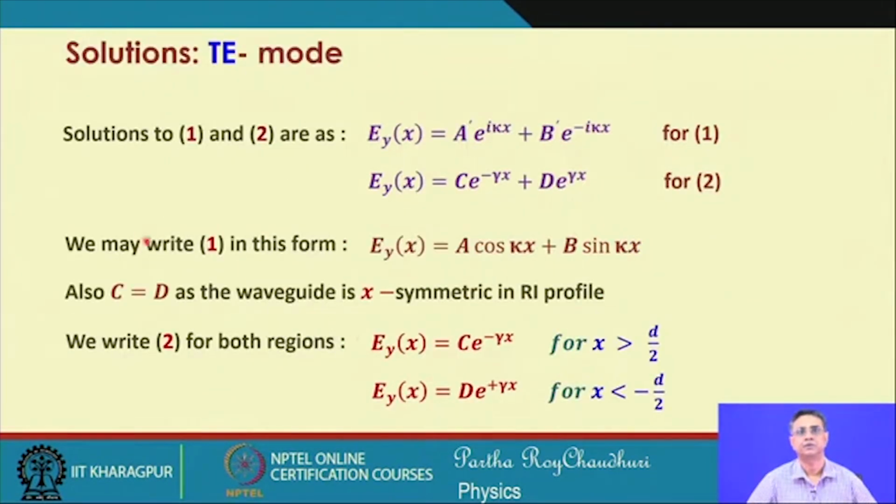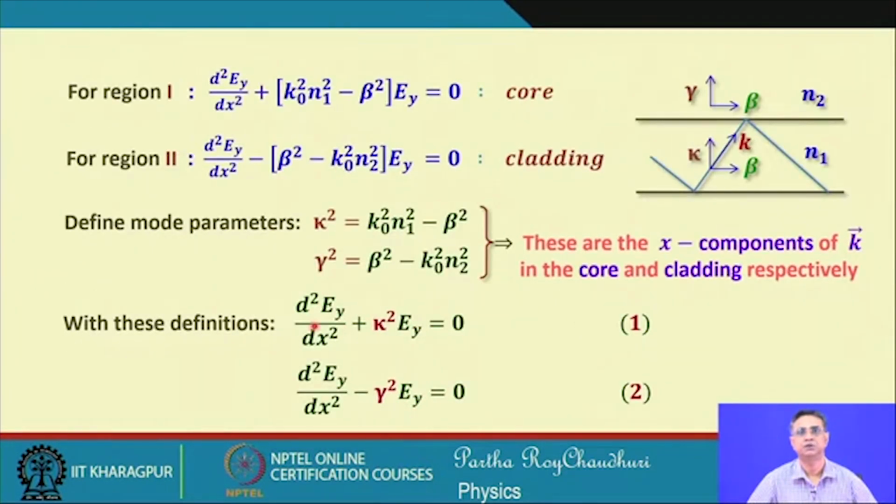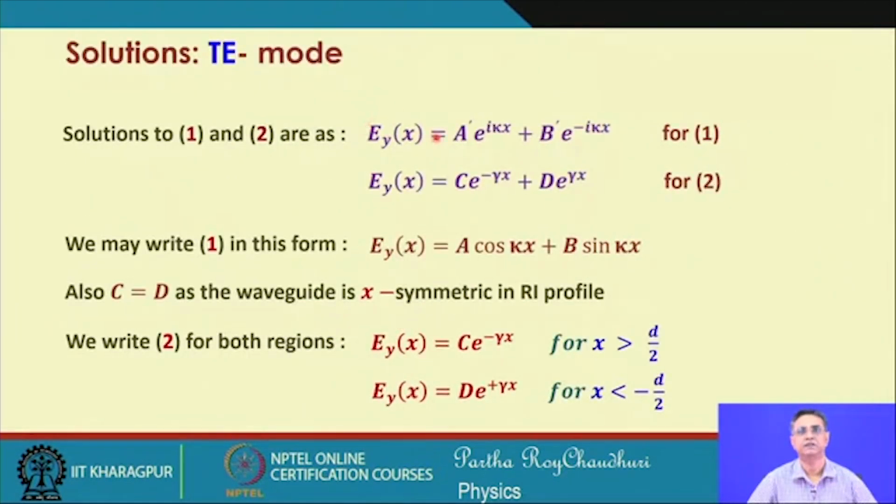So, the solution to 1 and 2, the solution to this equation is very well known, and it appears very frequently in physics. This equation will give you an oscillatory solution for U y, which can be written as a dash e to the power of i kappa x plus b dash e to the power of minus i kappa x. I use dash because we can simplify this using some different constants.